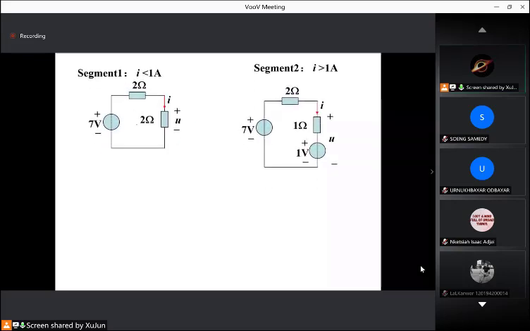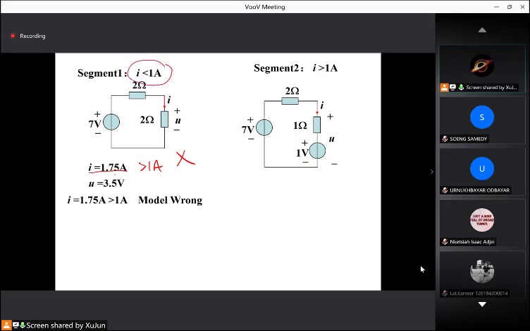For segment 1, this circuit, we assume it works in segment 1. So that means when the current is less than 1 ampere, it's this circuit. And then we found the solution is 1.75 ampere. It's larger than 1 ampere. So this solution is wrong, because we assumed it's less than 1 ampere, but the solution is larger than 1 ampere. So this is not the real solution.